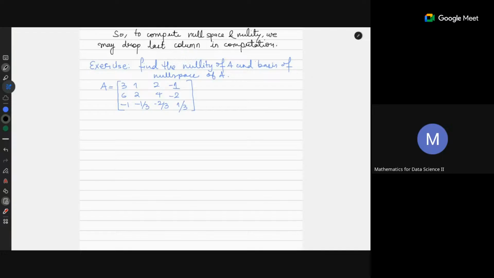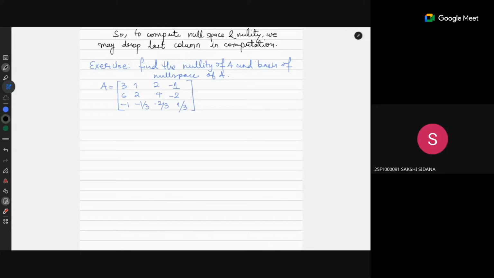So now let's find out the rank and the nullity of this matrix. How do I do that?